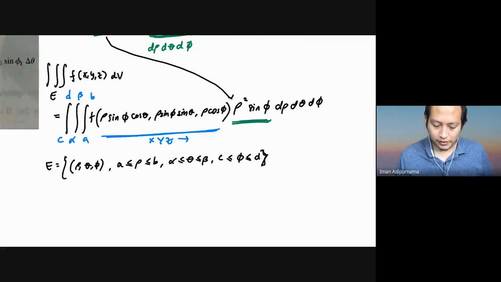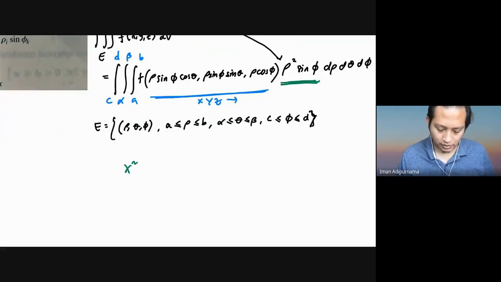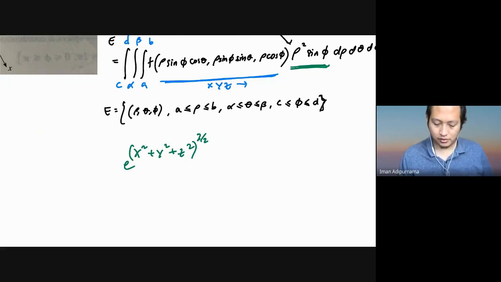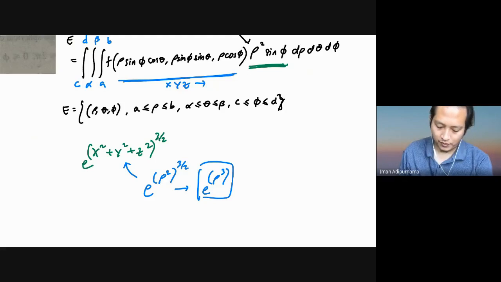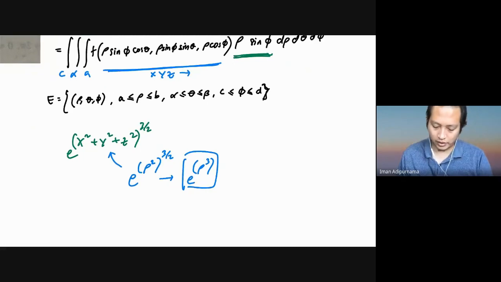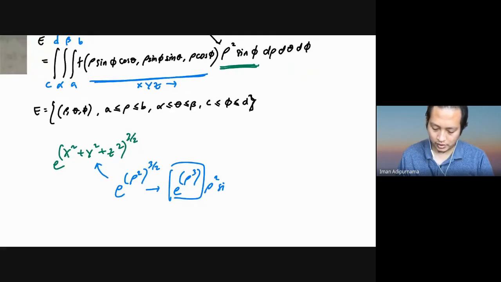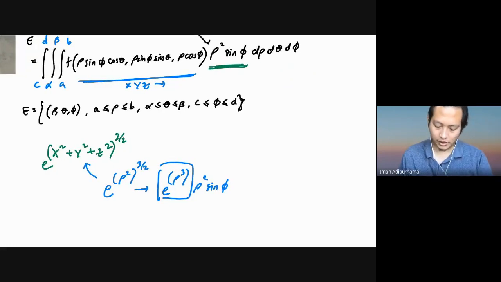For example, if the function you have is something like this, what will you do here? You want to integrate one by one? It's difficult, right? It's better to just convert them into rho squared and then 3 over 2. So it will be e to the rho cubed. At least this is much simpler. It's easy to be converted. So you can convert them, and then don't forget to multiply with the rho squared sine psi. And then you can do the rest.